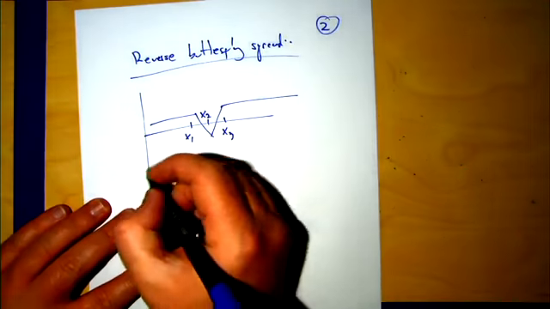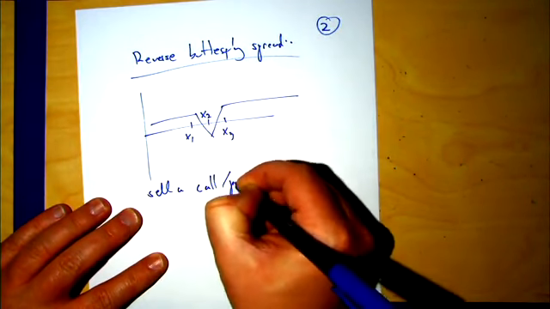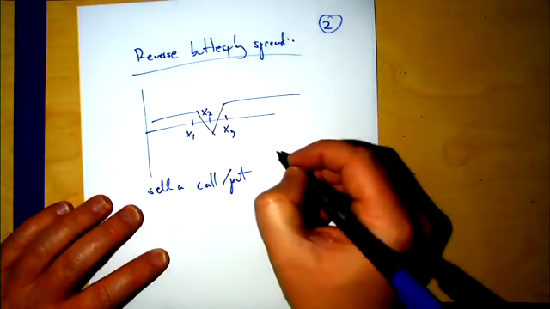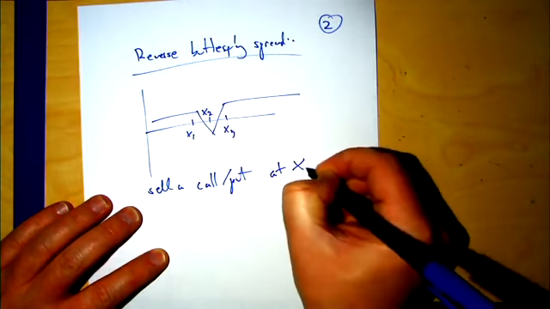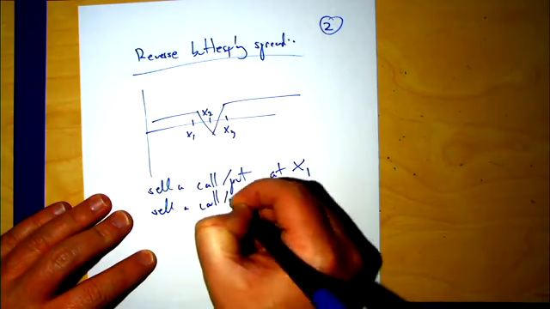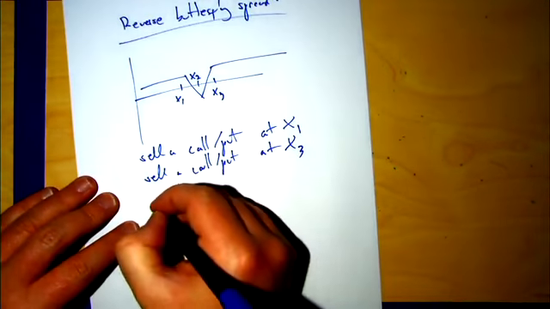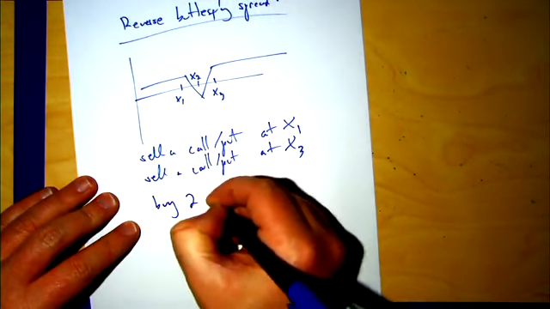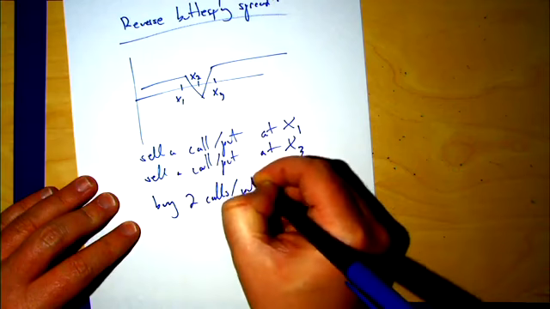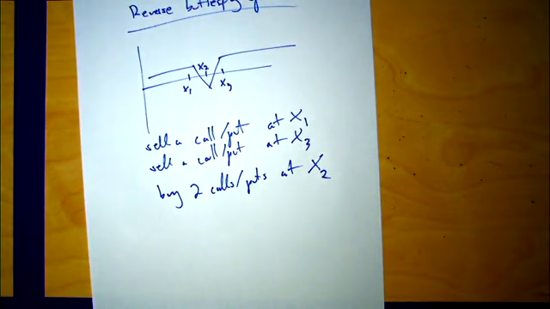So to create this, you sell a call or a put, either one, with a strike price of X1. You sell a call or put at a strike price of X3, and you buy two calls or puts at a strike price of X2. Okay, that's how you create a reverse butterfly spread.